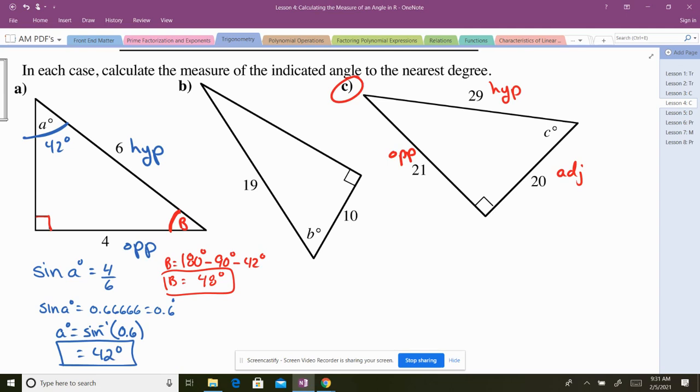Cosine. So you're all doing cosine, and then everybody else, you guys are doing tan. I will do all of them.